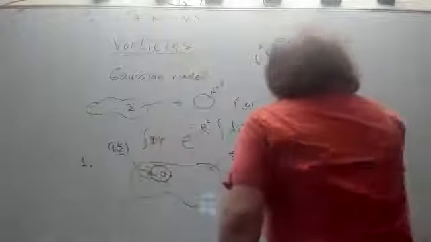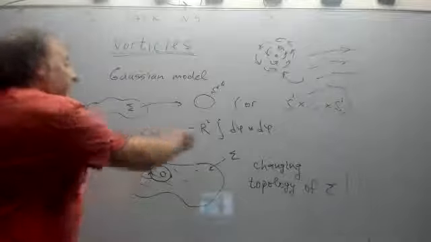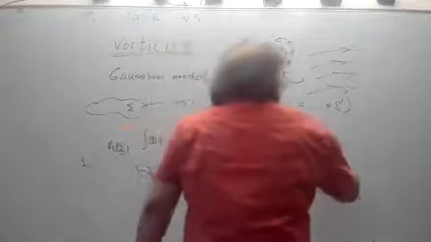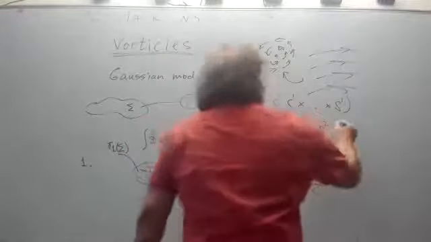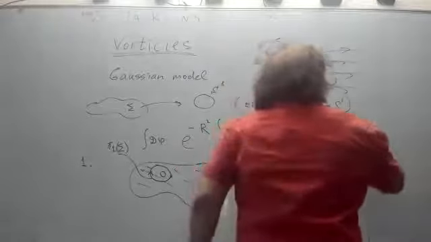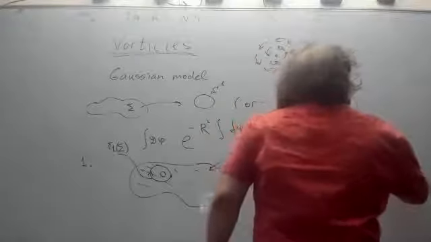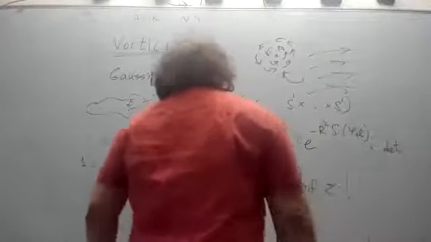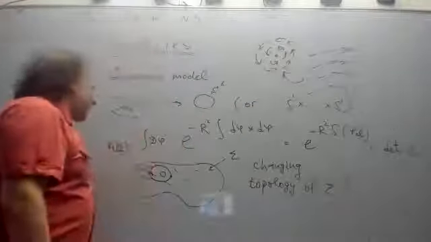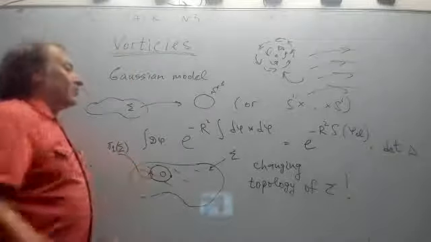And the basic rule of the Gaussian model is that this integral is actually equal to e to the minus r squared S evaluated on the classical solution, times the determinant of the Laplacian to the power minus 1/2. And this determinant of the Laplacian is the fluctuations around the classical solution.